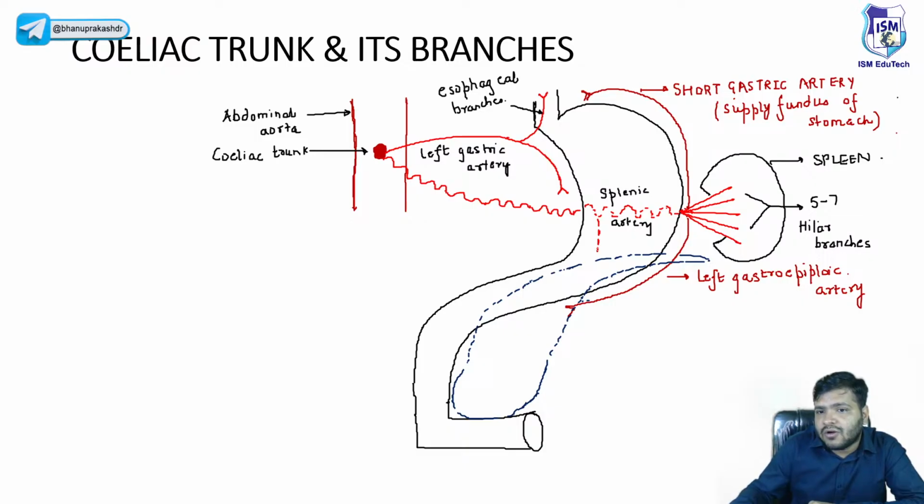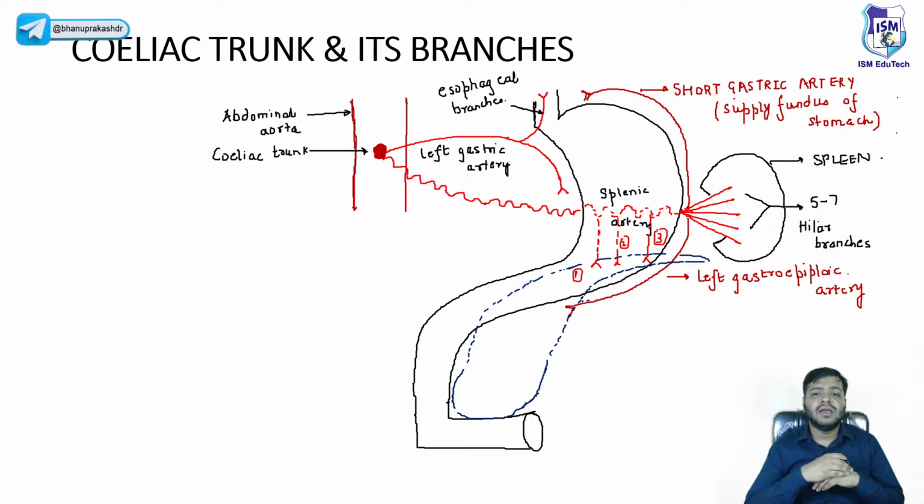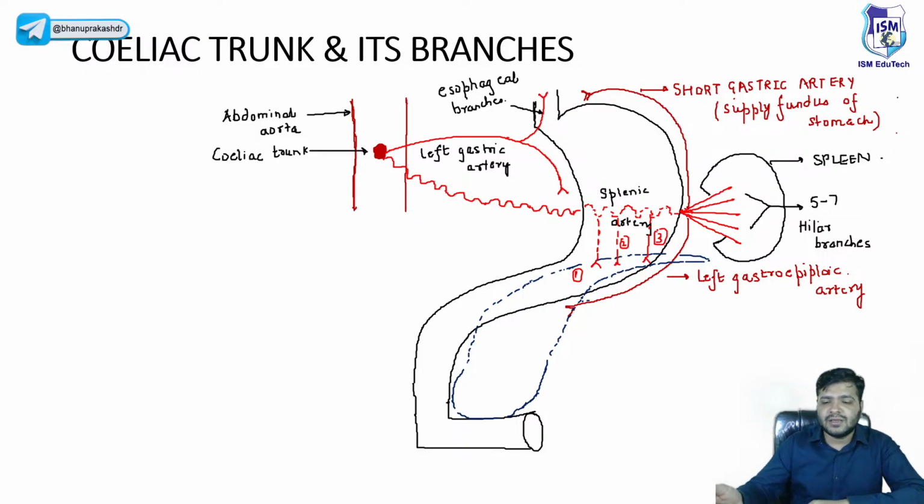So we have branch 1, branch 2, and branch 3. We have three branches coming from the splenic artery that are actually supplying the pancreas. The names of these three branches, beta, I'm writing on the side so that you can have an idea.